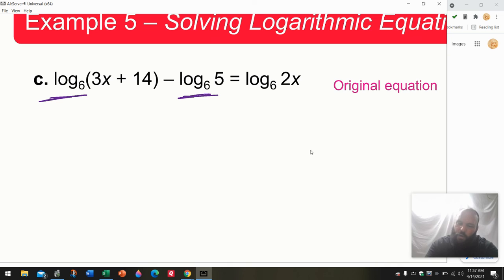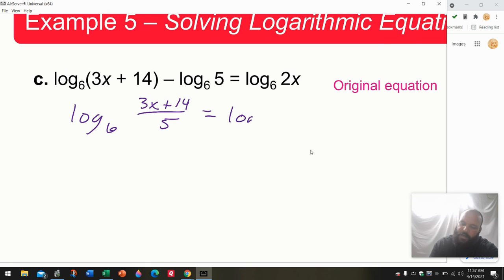Now, you always want to double check that the logs that you're combining and/or using the one-to-one property on all have the same base. In this case, there's a 6 there, there's a 6 there, and there's a 6 there. So they are all the same base. The next thing we will do is combine this. So we'll have log base 6 of 3x plus 14 divided by 5.